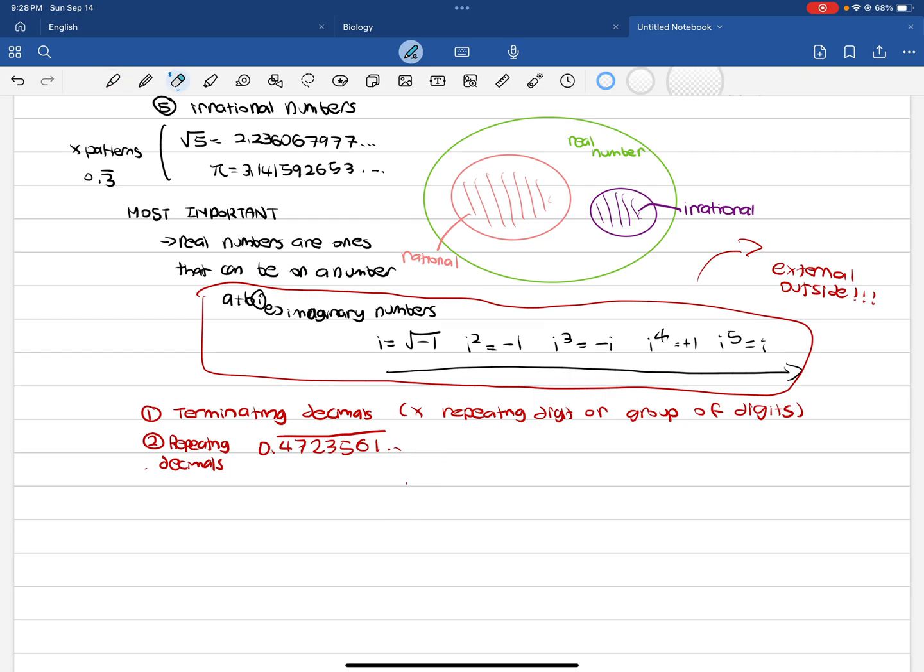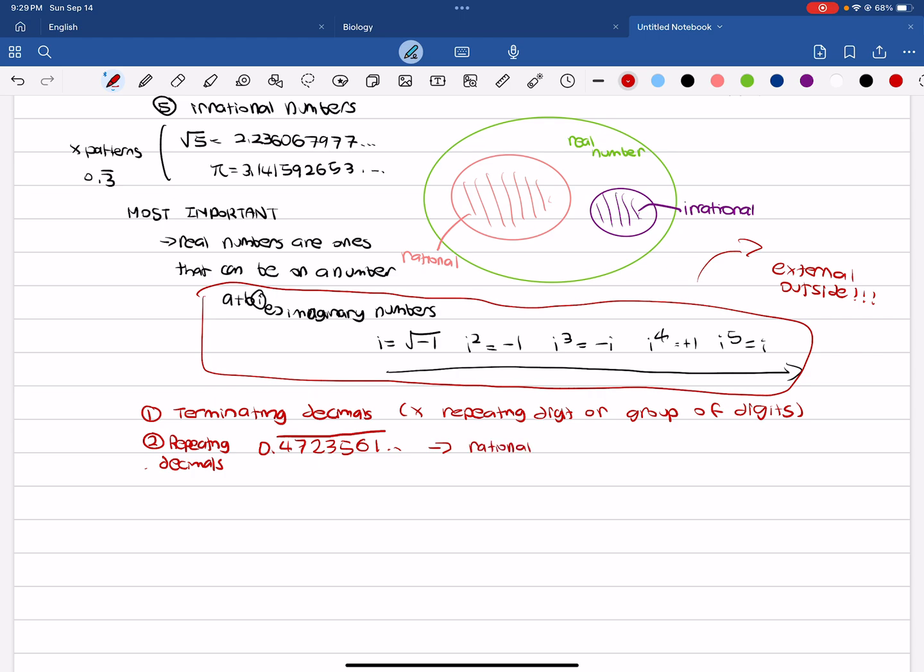Just remember that, because terminating decimals don't have a repeating digit or a group of digits, and the decimal just ends. Yes, it just ends. Oh, and also remember that the other numbers are irrational numbers, and these repeating decimals are actually rational numbers.